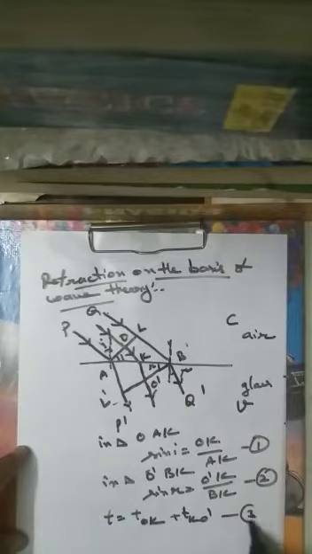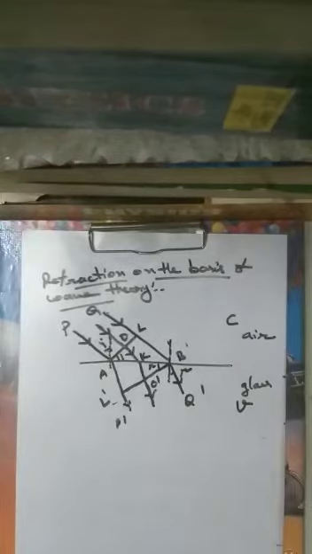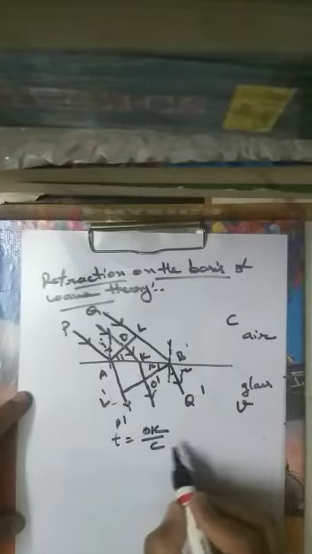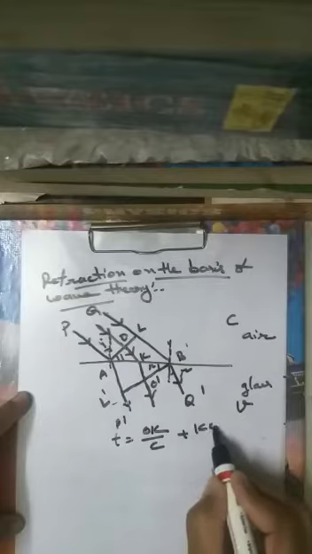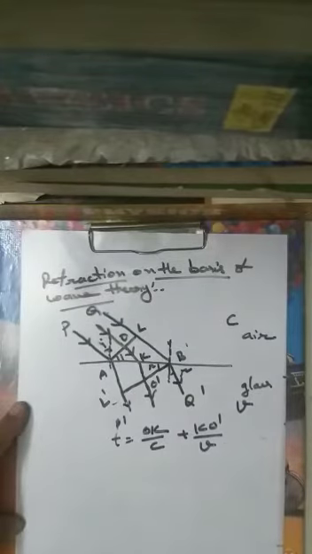This is equation number 3. Now we put the value of time in OK, distance OK, velocity of light c, and distance KO dash in the glass, velocity of light is v.